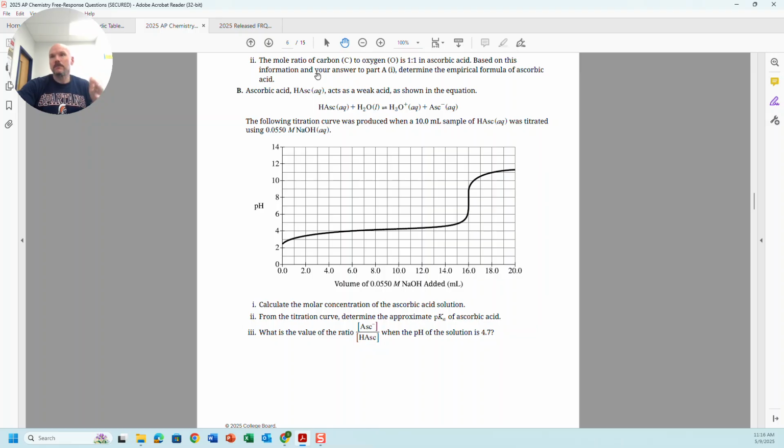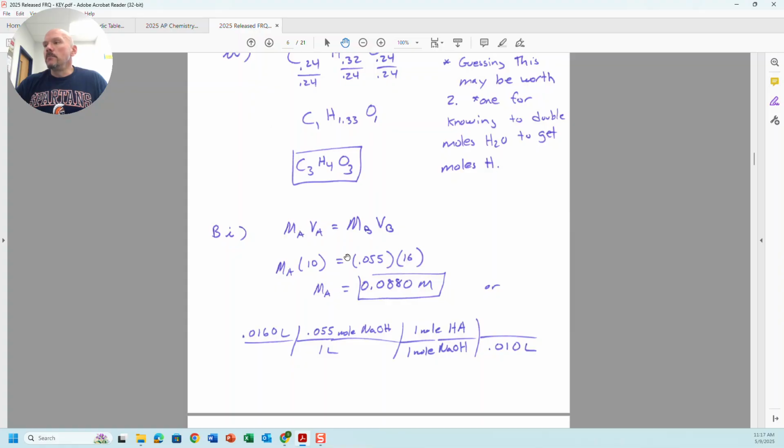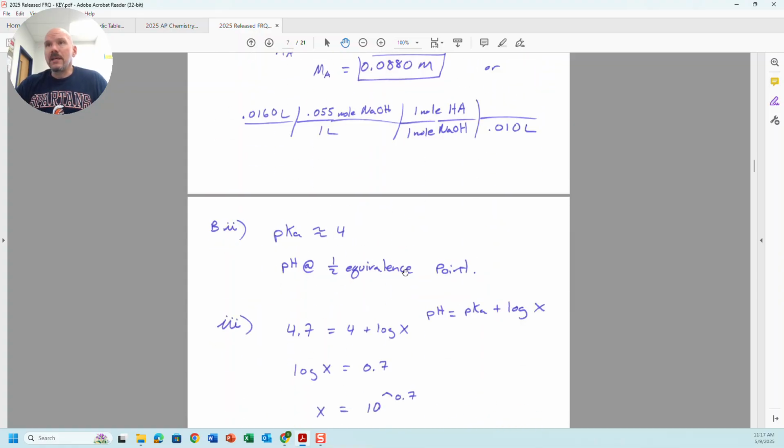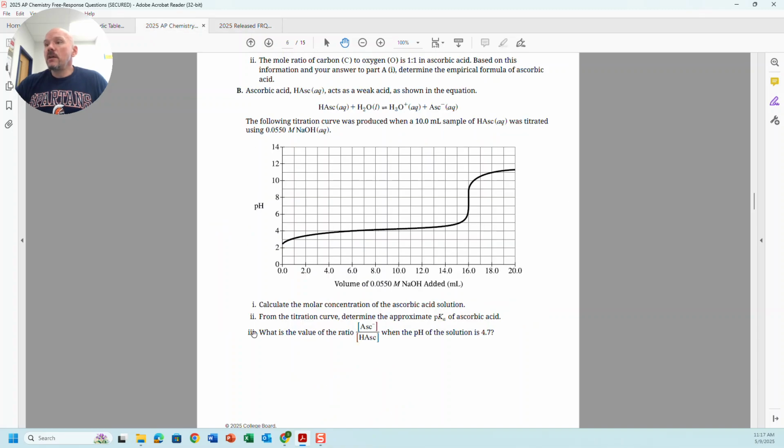So I'm hoping it's acceptable, but if not, then maybe do the same calculations I'm about to show you with 4.1 as the pKa instead of 4, but it's the same idea, okay? So again, I said around 4 because it's the half equivalence point. And then question 3 asks us the ratio of this when the pH is 4.7.